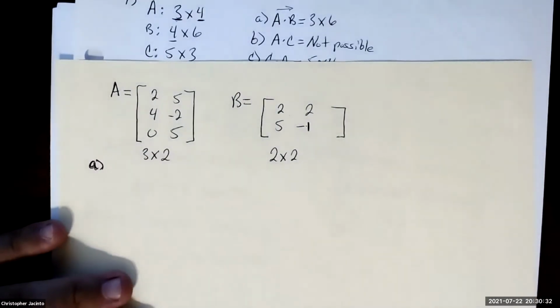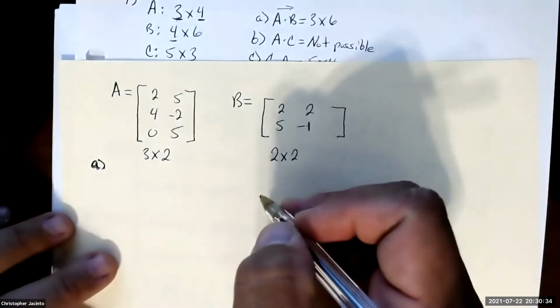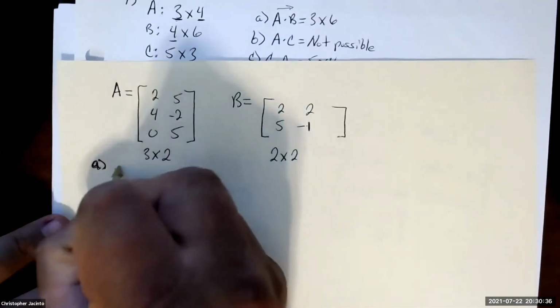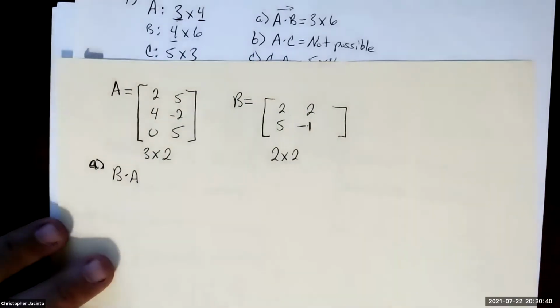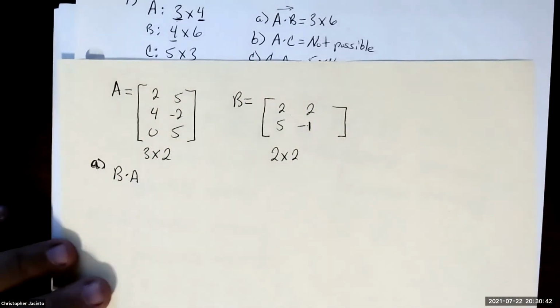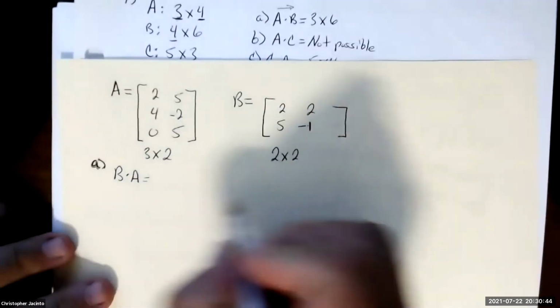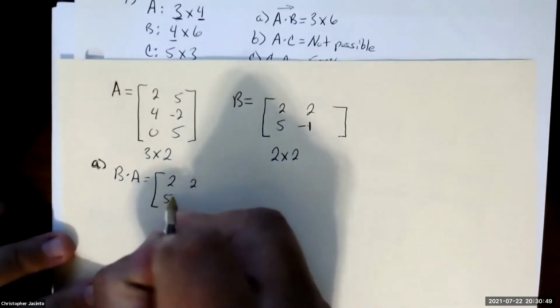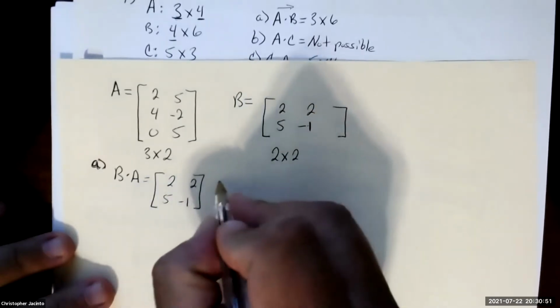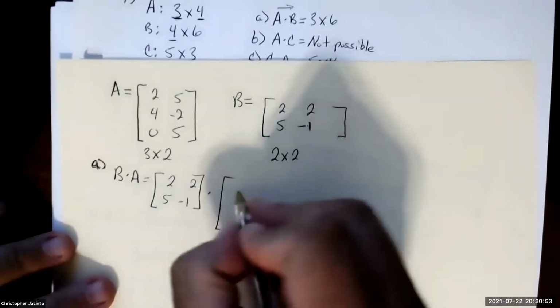Okay. All right, first one. Let's do B times A. So that's going to be B first, and then this A1 here.